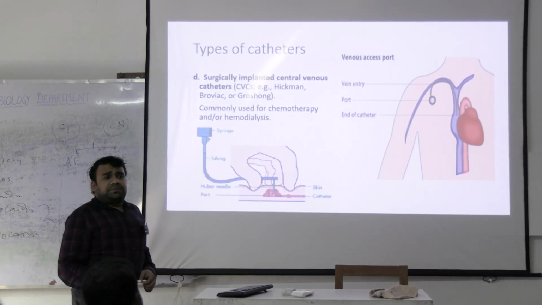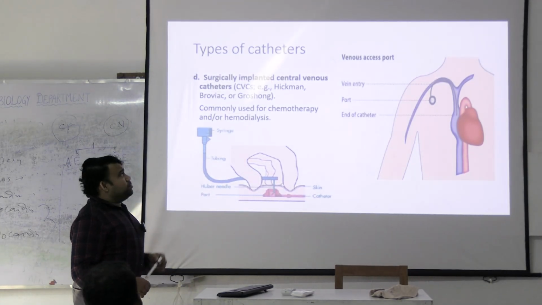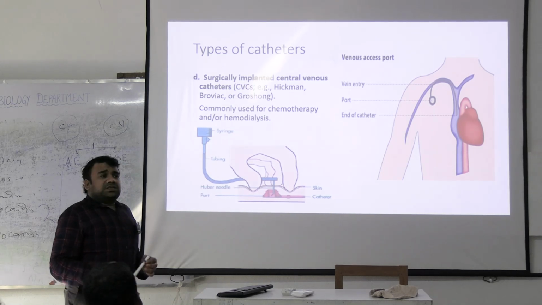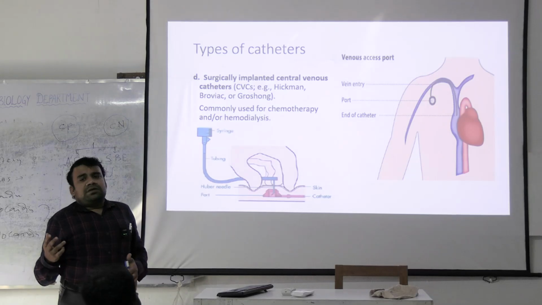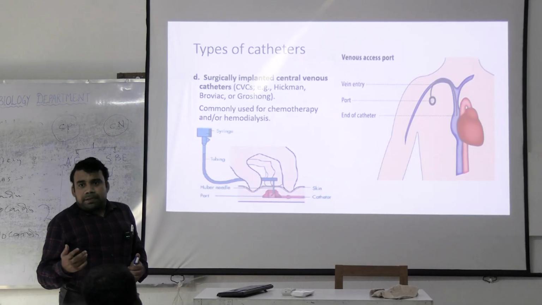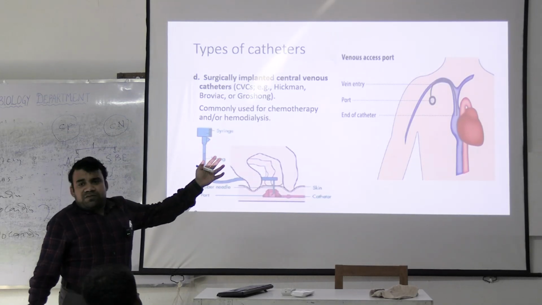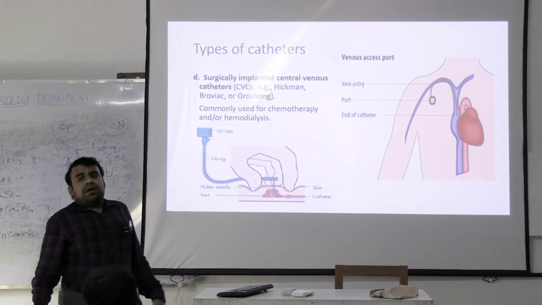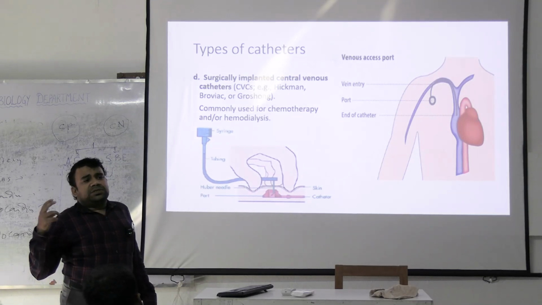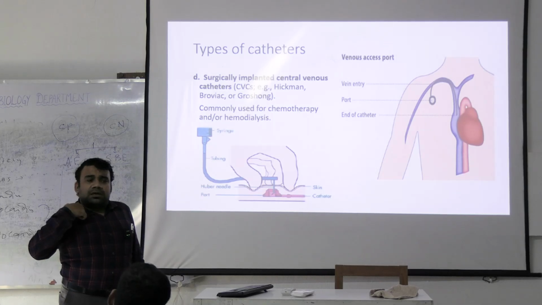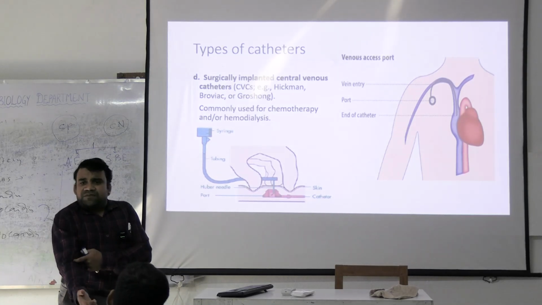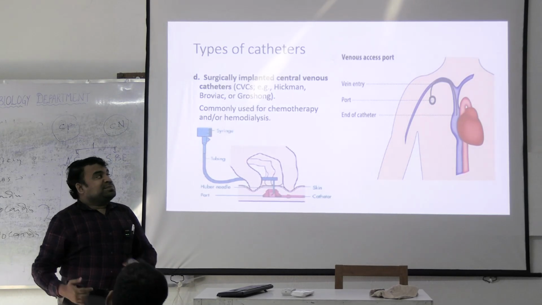The last type is called a surgically implanted central venous catheter. In some patients, we need to monitor many things routinely. Previously, of the two types you have seen, if you go to the ICUs, you will see the patients who are in need of a central line will have either a midline central line or a peripherally inserted central line.